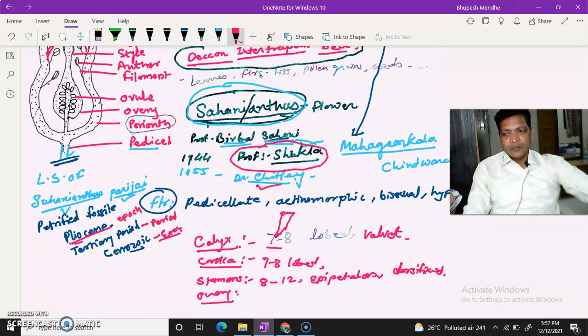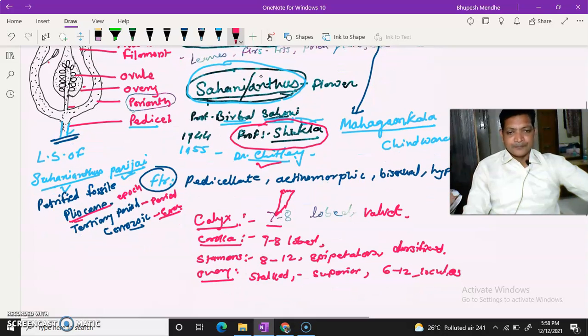And the ovary, if you observe, the ovary is stalked. See, this is the stalk of the ovary. It is stalked, superior, with 6 to 12 locules. Means if you take the section, there are 6 to 12 locules, right?